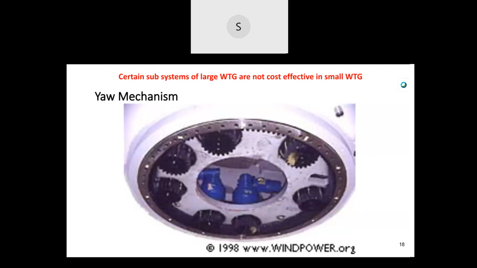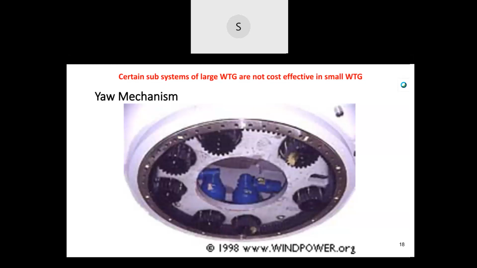Now, if you translate that to smaller machines, it will come to much more than 10 to 12 crores per megawatt. Not megawatt level machines, but per megawatt, for comparison. Smaller machines will cost more because certain components cannot have a proportional cost reduction.